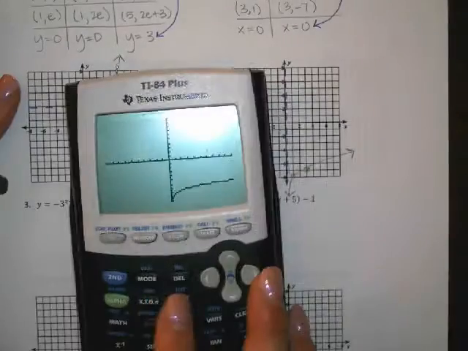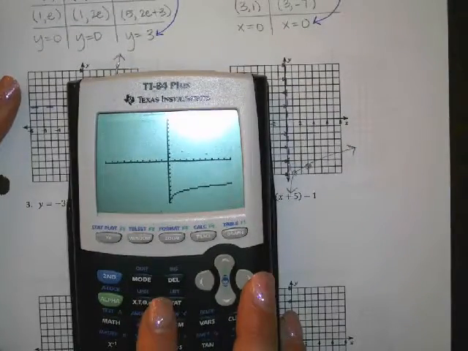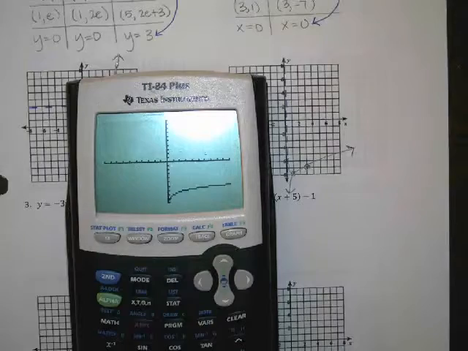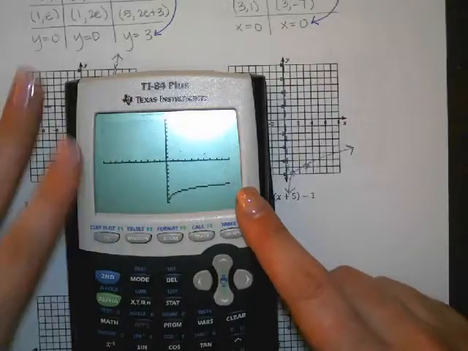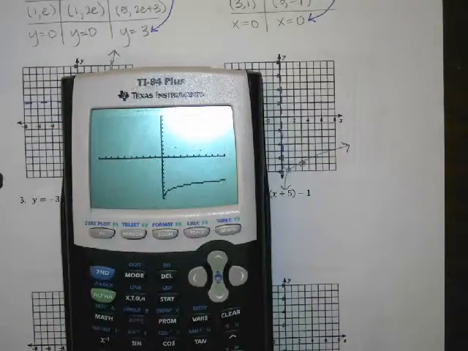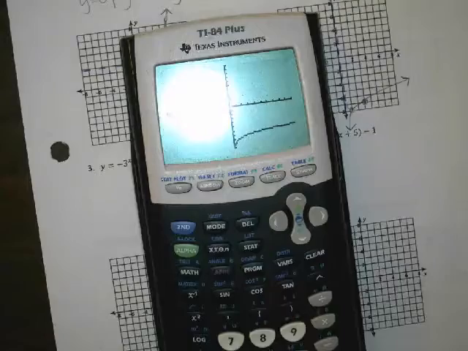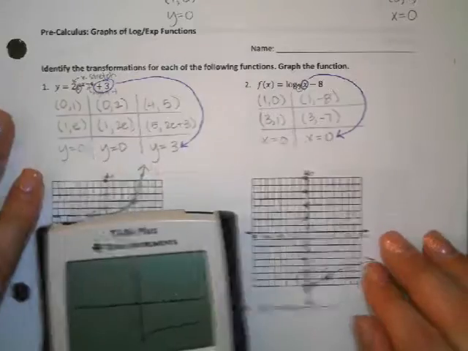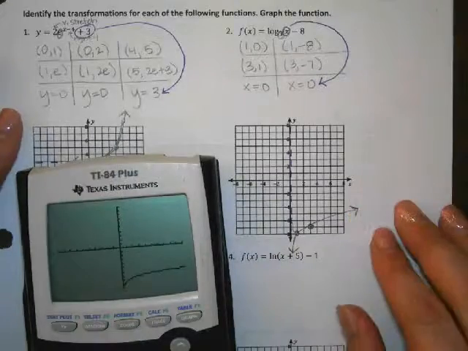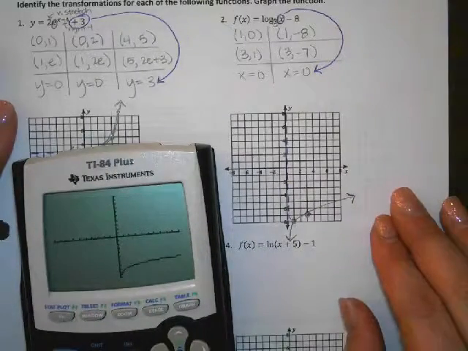And you guys can see that it matches the graph that we drew. All right. I want you to take a moment and discuss in your groups if you think this graph has an X-intercept or not. All right, what do we think? Is there an X-intercept? Yes? No?